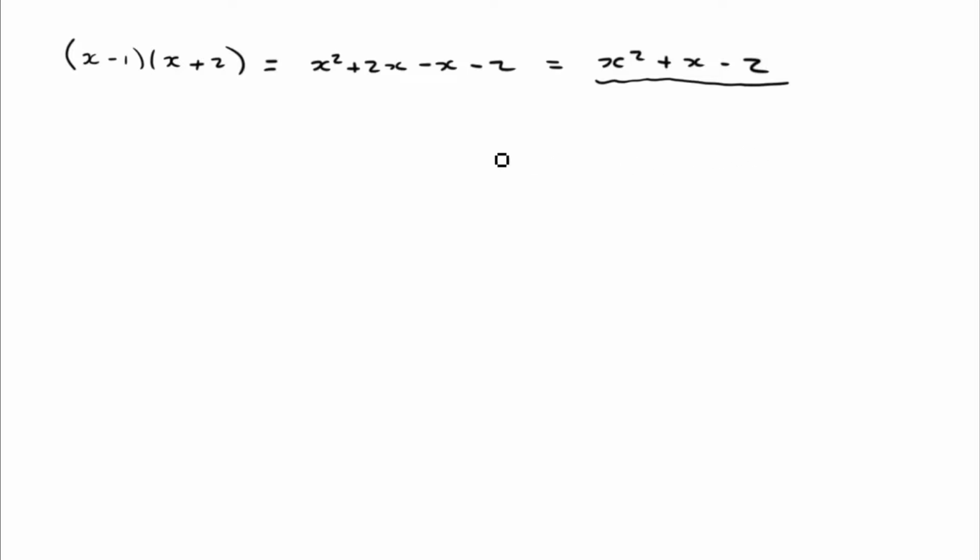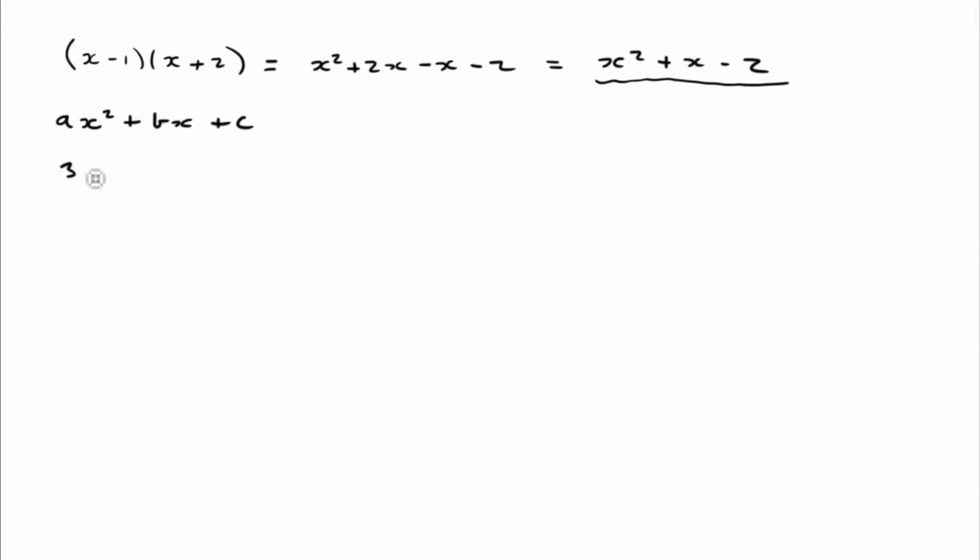So the kinds of expressions that we're interested in factorizing are quadratic expressions. These are expressions of the form ax squared plus bx plus c, where the a, the b and the c are any numbers.